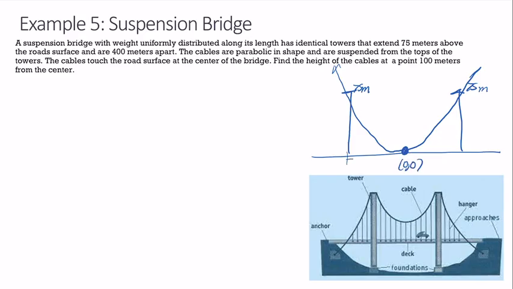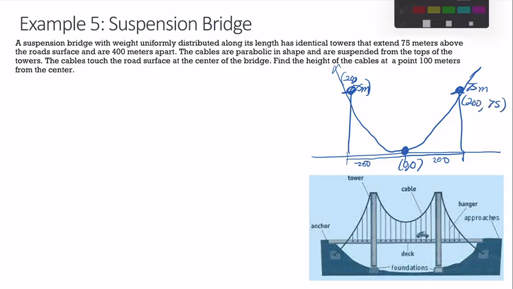And these are 400 meters apart, so we'll let this be 200 meters. And this is also 200 meters, but we'll let it be negative 200. So I've got negative 200, 75. And this one would be 200, 75.